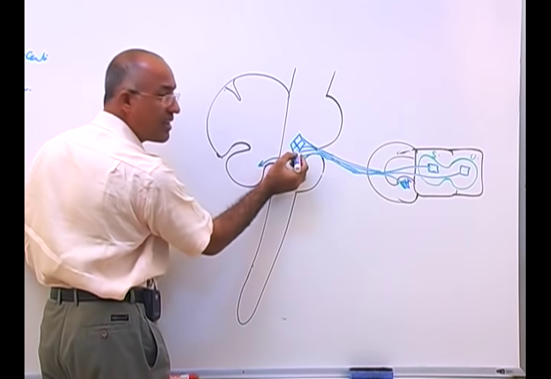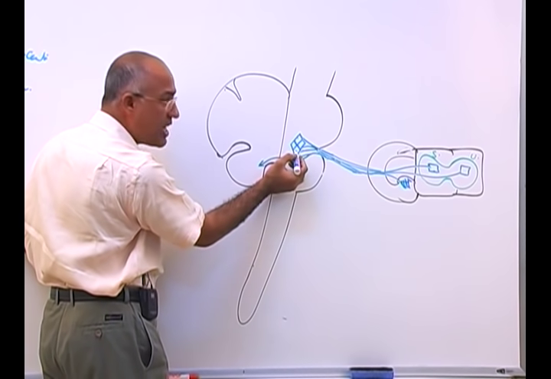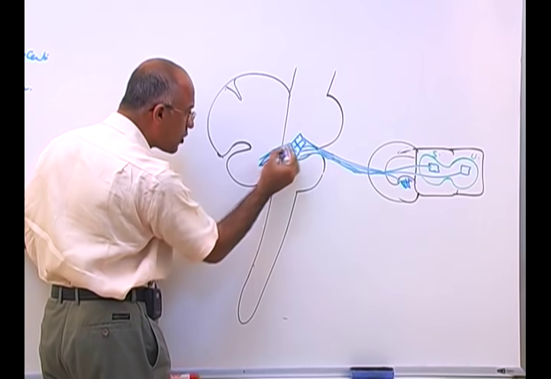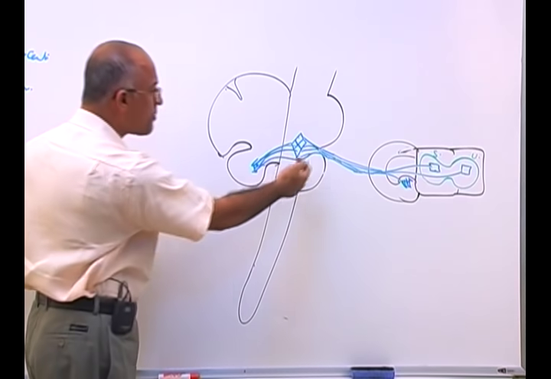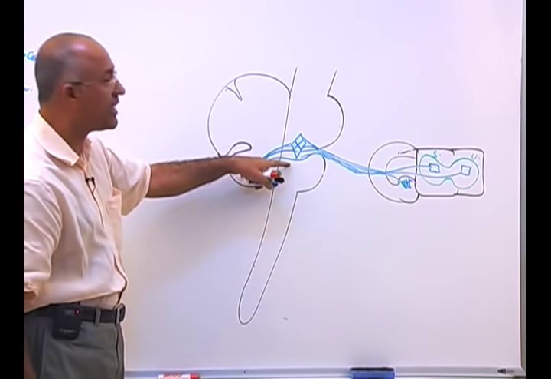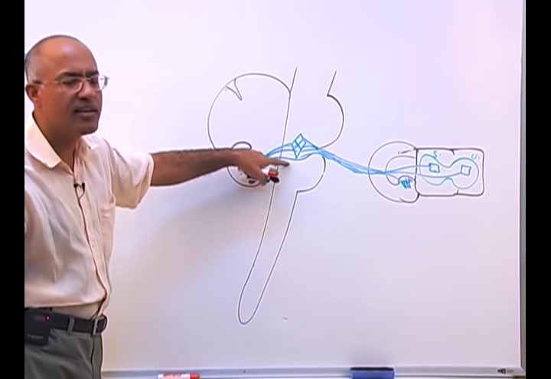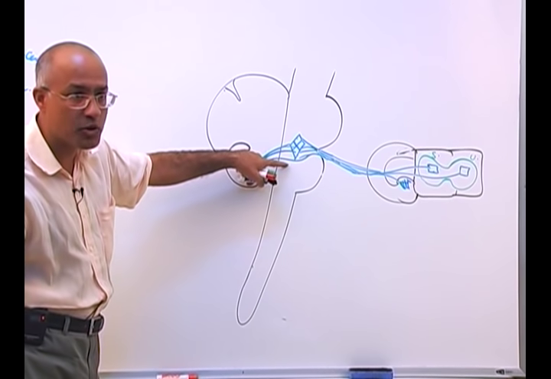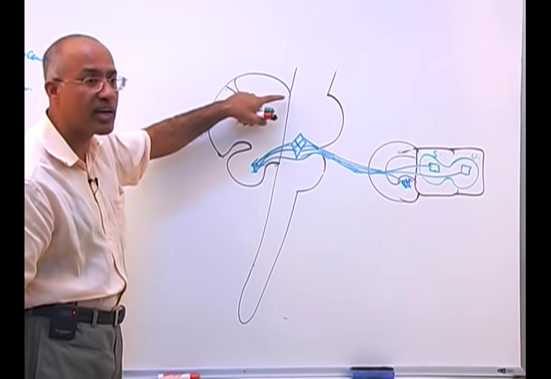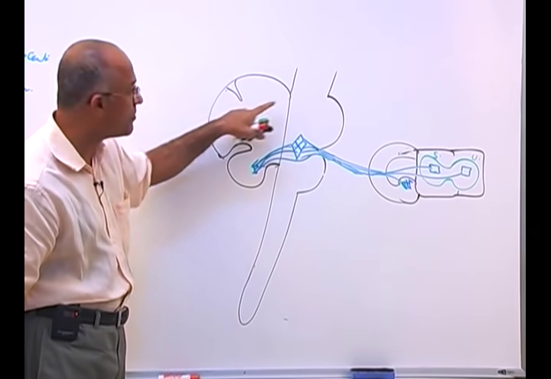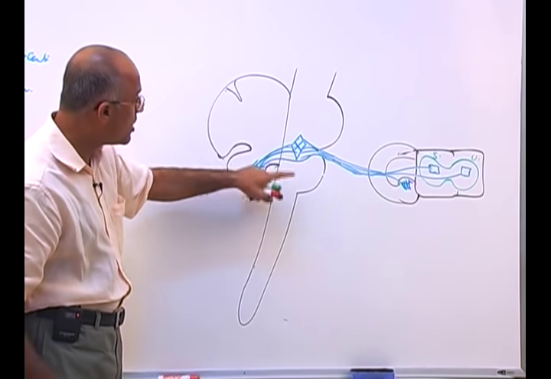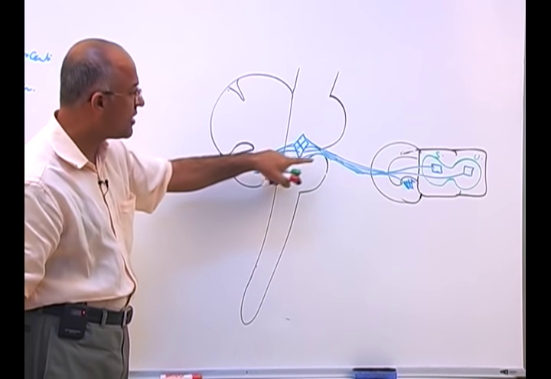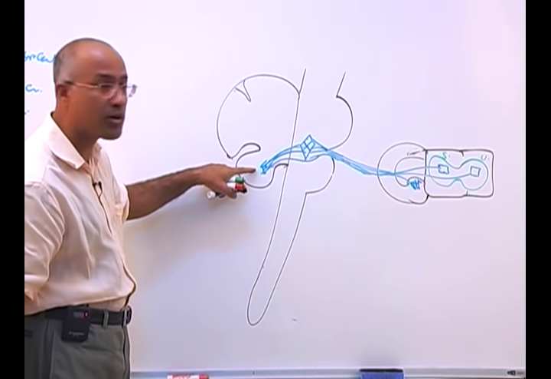Other fibers terminate in the vestibular nuclei, and from there the next fibers go to the cerebellum. They enter the cerebellum through the inferior cerebellar peduncle. There are three cerebellar peduncles connecting the cerebellum with the brainstem: superior, middle, and inferior. Through the inferior cerebellar peduncle, the vestibulocerebellar fibers go.